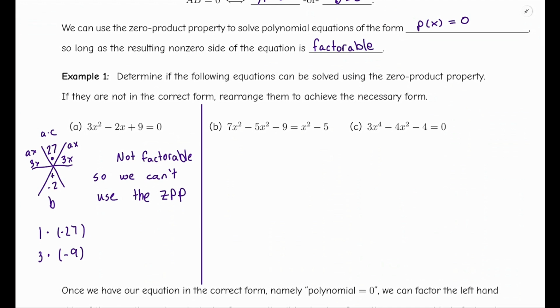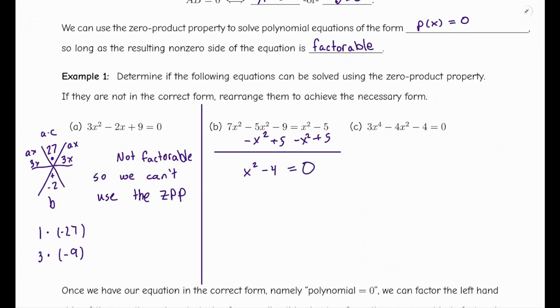Part B. Well, already it doesn't look that good because it's not equal to 0. But we can make it equal to 0 quite easily. Let's subtract x squared, and add 5 to both sides. 7 minus 5 minus 1 is x squared. Negative 9 plus 5 is negative 4, and we got 0.